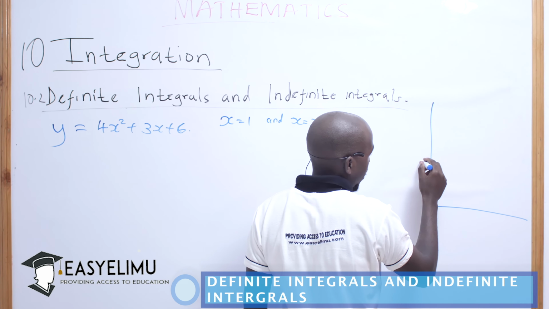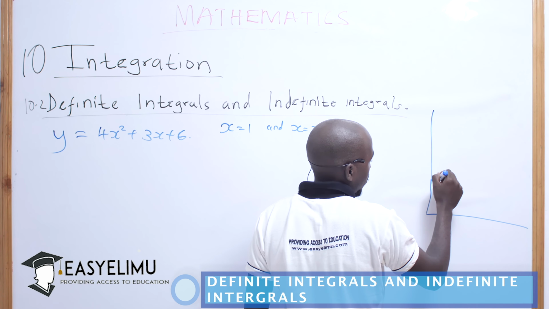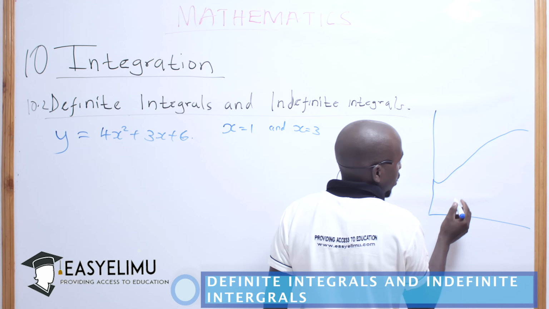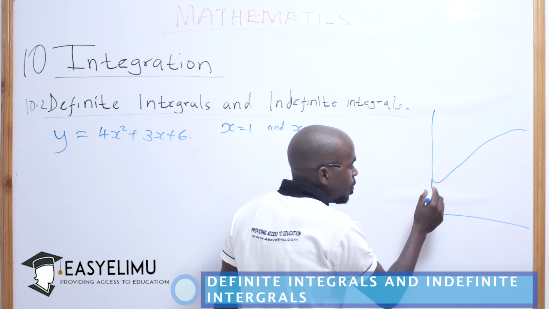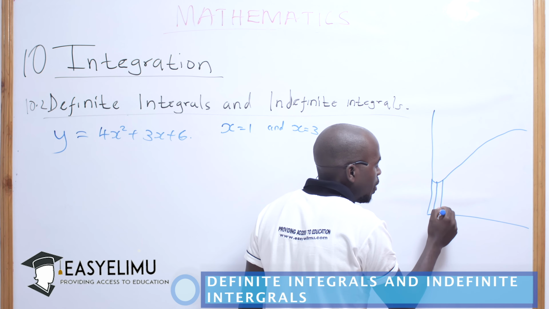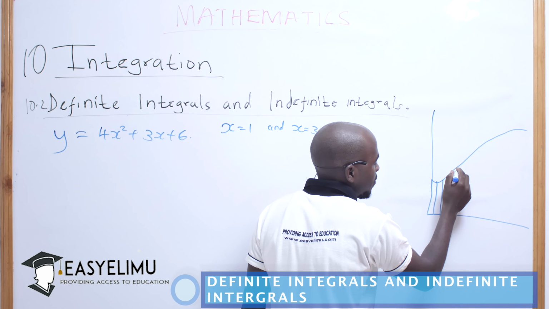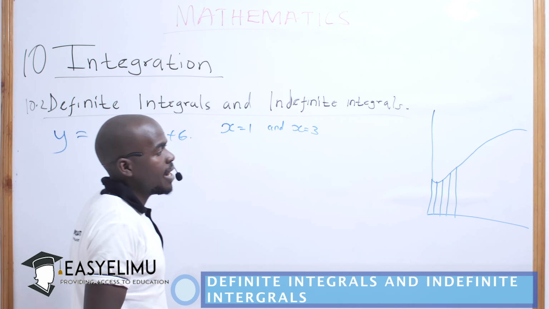If this is the curve, for example, then we have to find very minimal, very small areas under the curve.